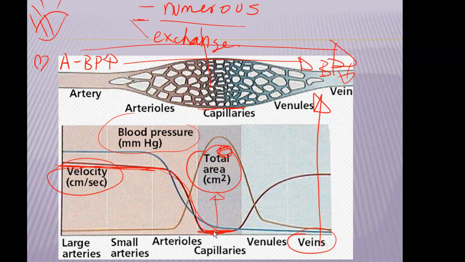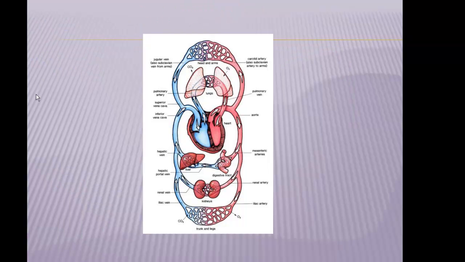And here, why does the velocity decrease? It's to do with this area. When you put all the blood over a higher area, it's going to decrease the velocity. As we move back into our veins, the velocity picks up again. It's not as fast as in our arteries, but it does pick up. Again, I encourage you to spend some time looking at this.